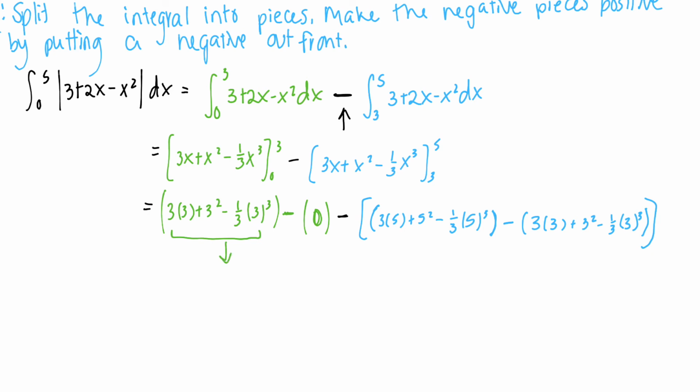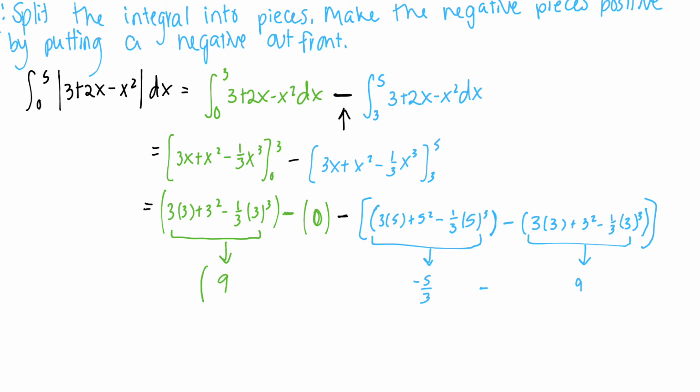So this bit right here, let's see, that's 18 minus 9, that should be 9. Hopefully. This piece right here is -5/3, minus, this piece should be 9.